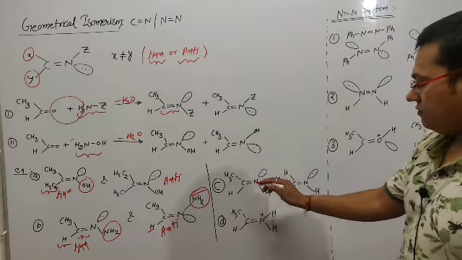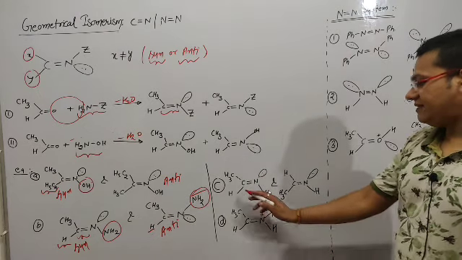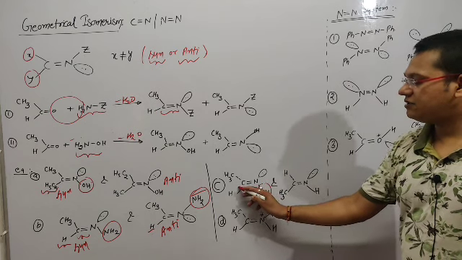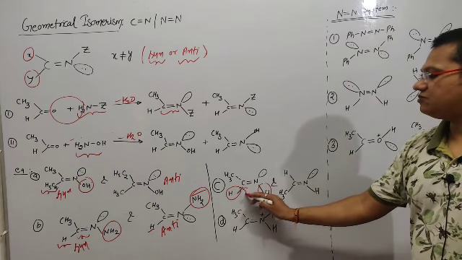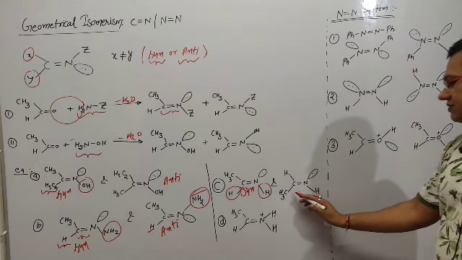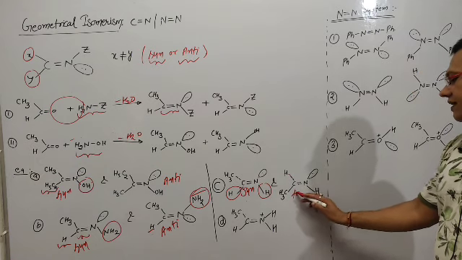So now in this case, what is the group? Hydrogen group, and this hydrogen is on the same side, so this is what? Syn system. And this is what? Hydrogen is opposite, so this is anti.